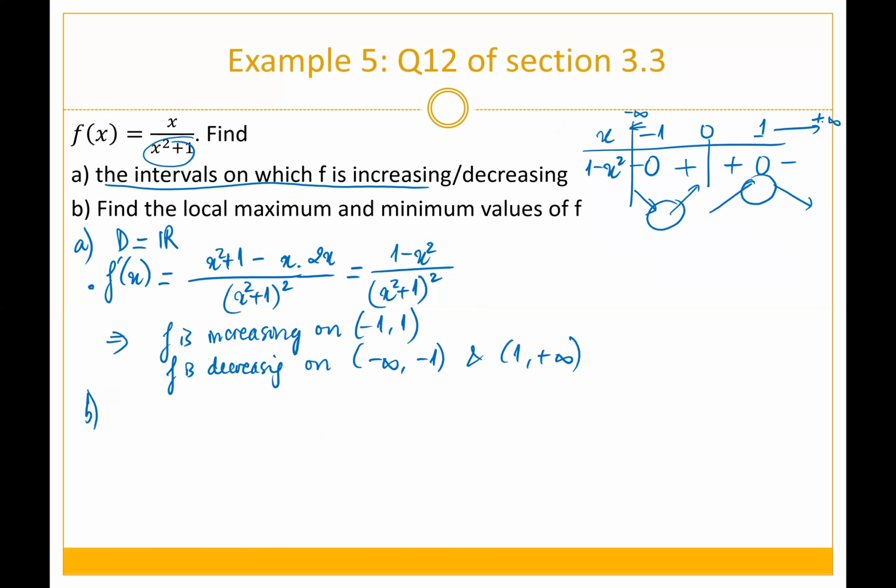Therefore, we're going to find the value here, which gives us f of -1 equal to -1 over 2, and f of 1 is equal to 1 over 2. So this is the local minimum, and this is the local maximum.